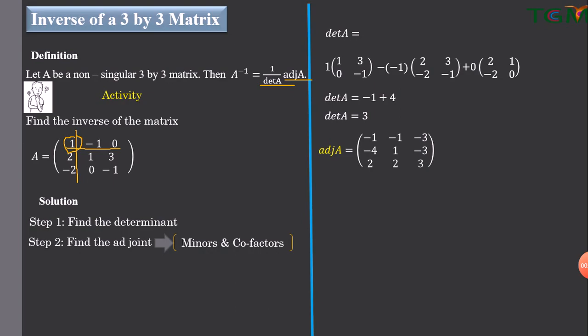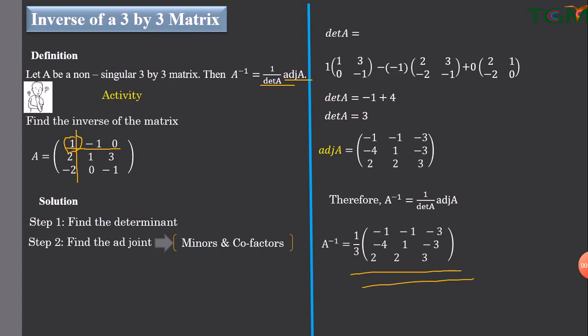We did that in the previous lesson, lesson 6. If you have forgotten, just go back to the lesson, watch the video, and you are good to go. So the inverse of A is equal to 1 over determinant multiplied by the adjoint, and that should give us 1 over 3 multiplied by the adjoint of A, and that is the inverse of A.